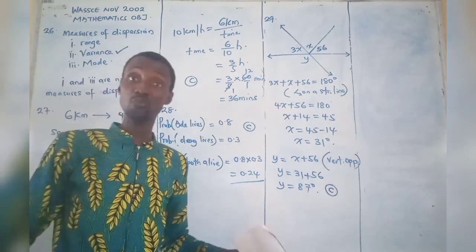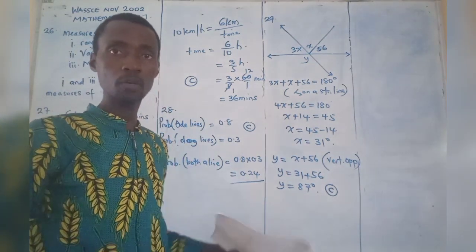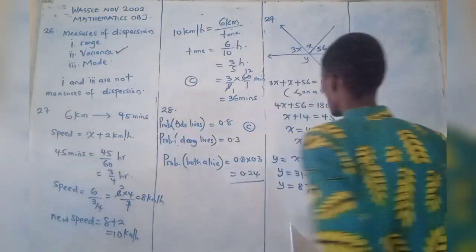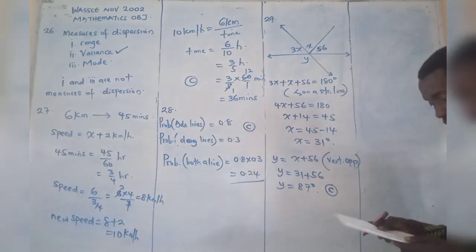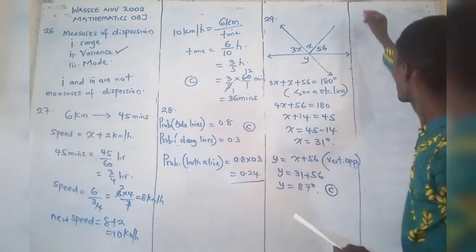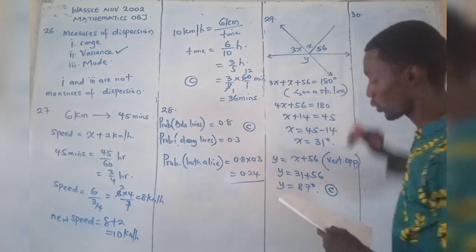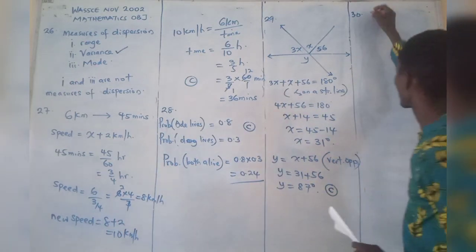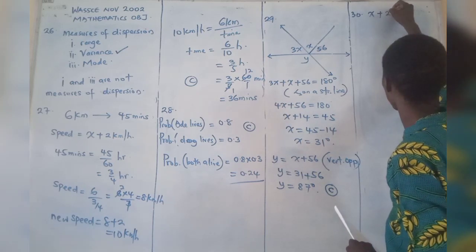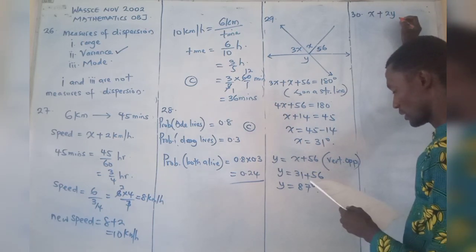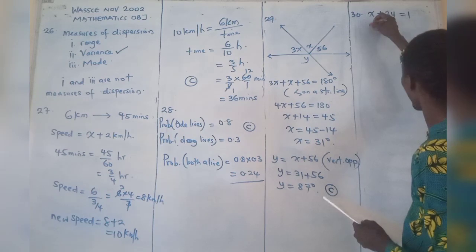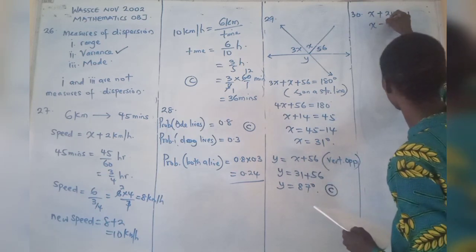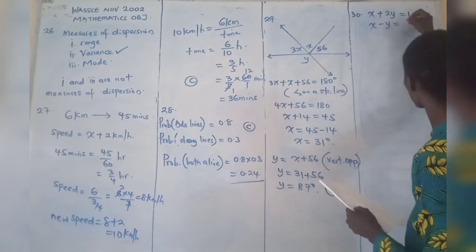When I solve, I always give room for errors because sometimes what you expected to see in the question may not be what you're seeing while solving. So question number 30, which will be the one we'll take before we take a little rest. It says x plus 2y equal to 1, and x minus y is equal to 2.